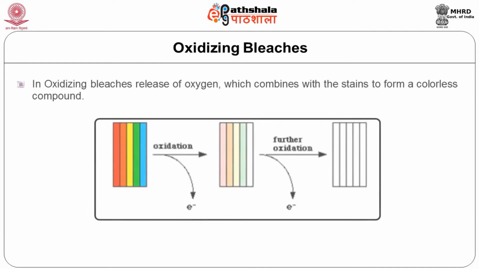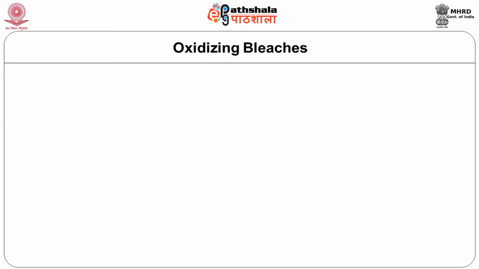In oxidizing bleaches, the oxygen released will combine with the stains to form a colorless compound. The bleach is left in contact with the fabric only until the stain is removed, or else the fabric will be weakened. The common oxidizing bleaches used are open air and sunlight.